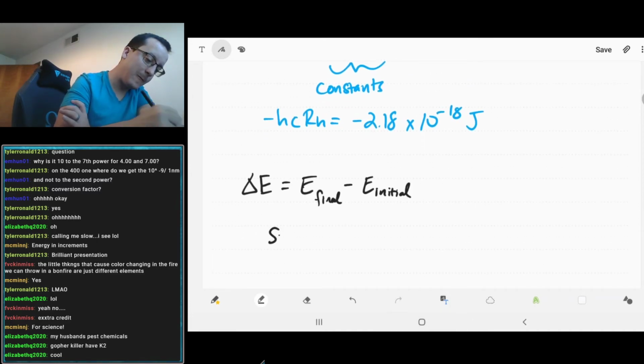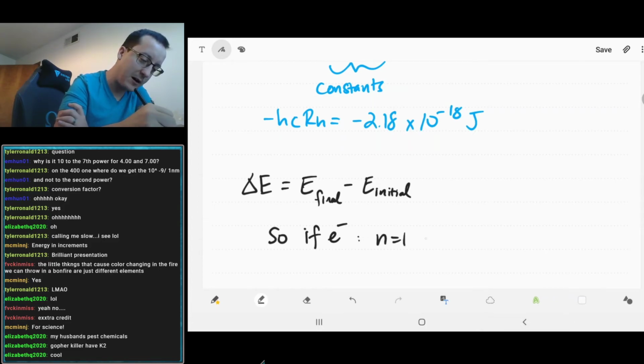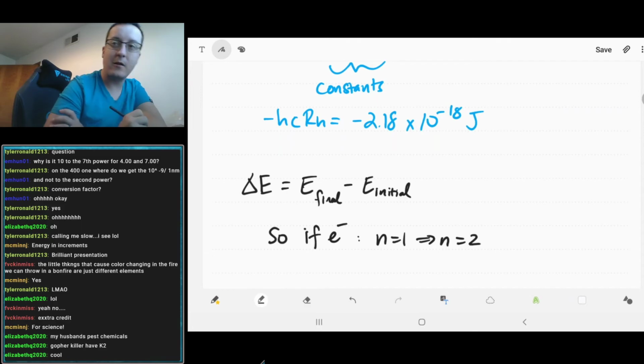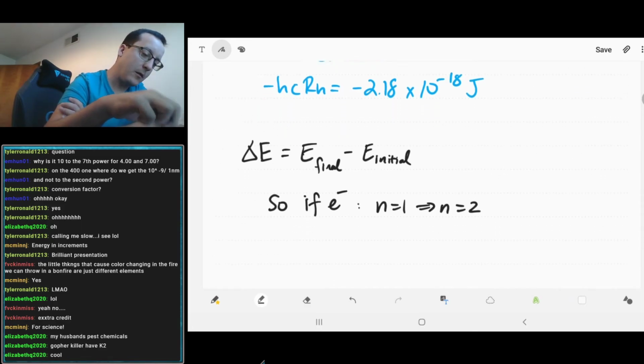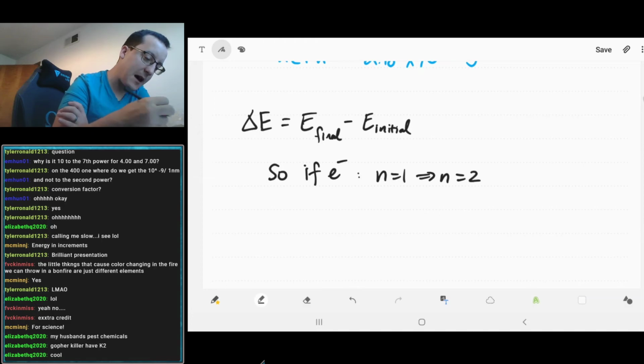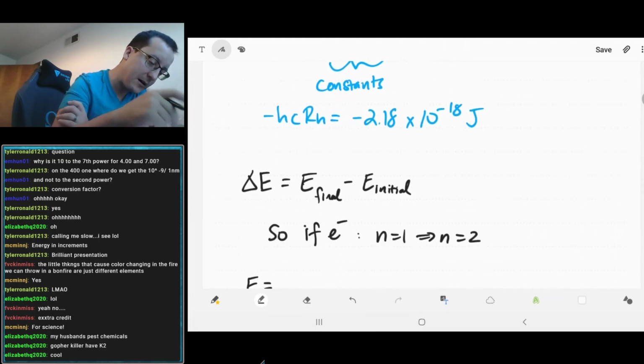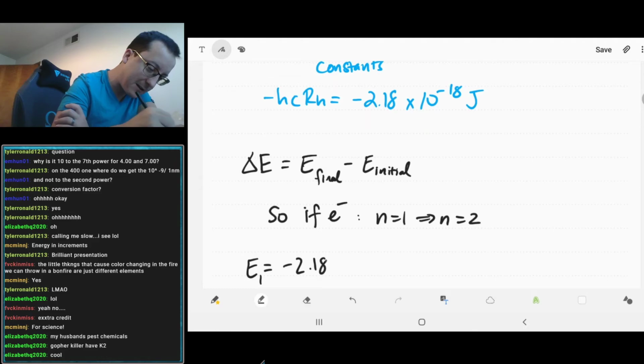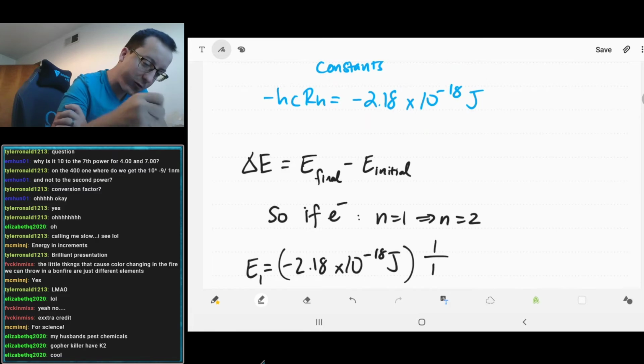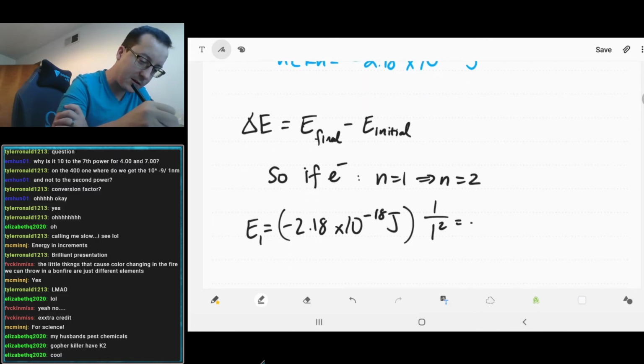If an electron goes from n equals 1 to n equals 2, the energy for state 1 would be negative 2.18 times 10 to the negative 18 joules times 1 over 1 squared, which is negative 2.18.